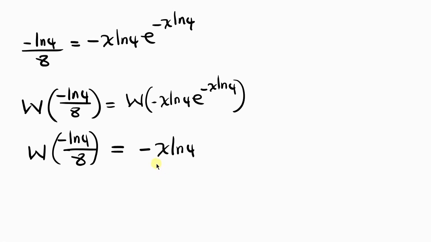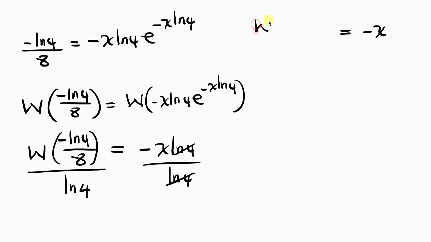Now remember, we're looking for x. So what we're going to do here is divide both sides by ln 4. So I'll divide the left-hand side by ln 4. I'll also divide the right-hand side by ln 4. Now ln 4 can cancel out from here, leaving behind negative x on the right-hand side to be equal to, then on the left-hand side, we have the Lambert W function of negative ln 4 over 8 divided by ln 4. But remember, we're looking for x.